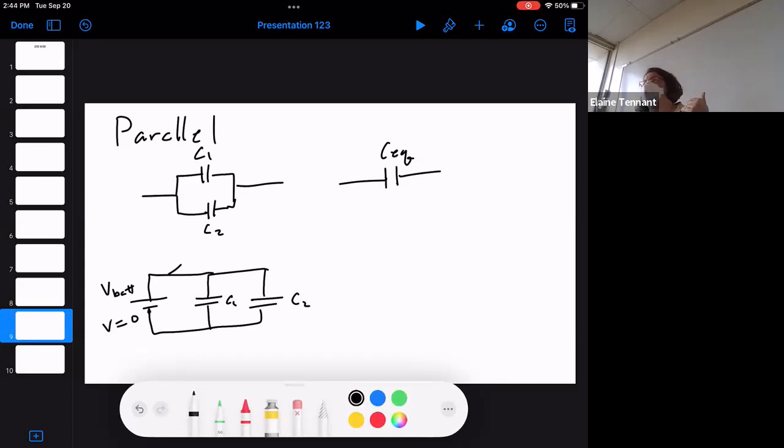Right when you flip that switch, you might have a nanosecond of fluctuations where everything kind of works itself out and the charge goes to where it needs to go. But after that, inside the wires, which are perfect conductors, the electric field has to equal 0. Okay, if the electric field inside a wire is 0, what can you tell me about how the potential changes along that wire?